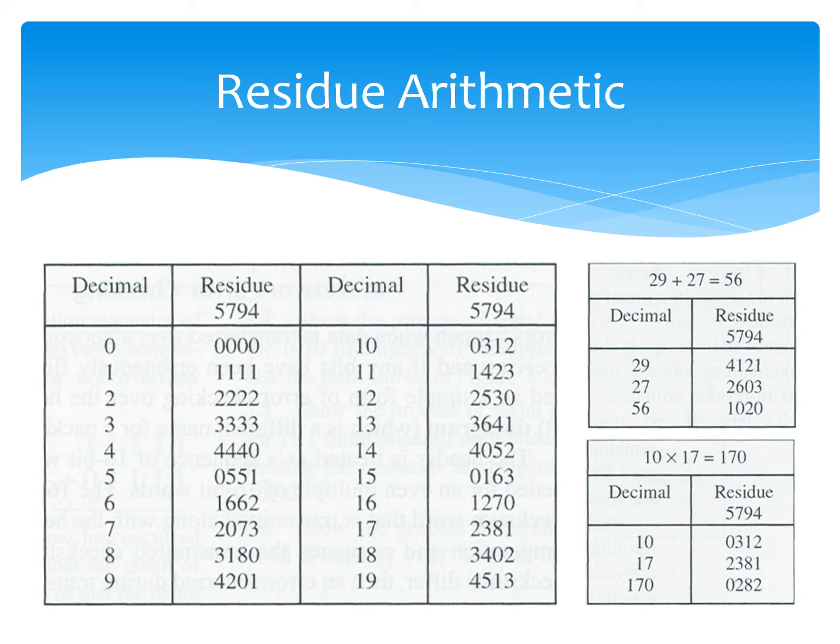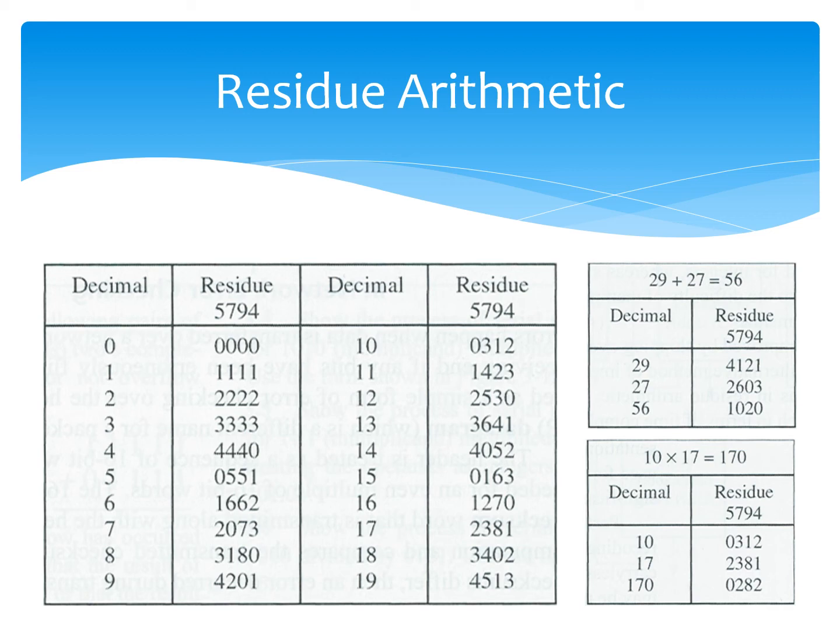Another example demonstrates multiplication in residue arithmetic. Assume we want to calculate the product of two decimal numbers, 10 and 17. In residue 5794, 10 can be represented as 0312, and 17 can be represented as 23A1.